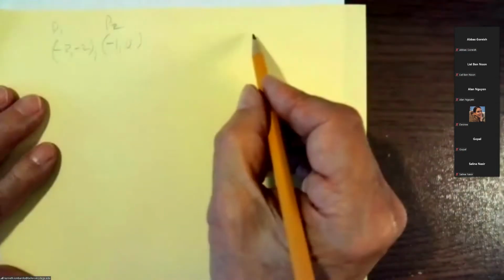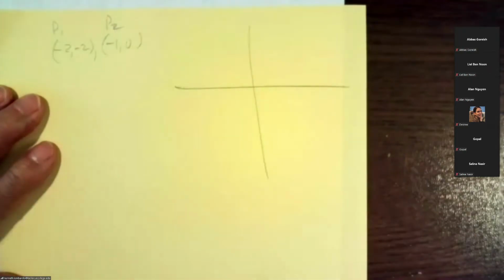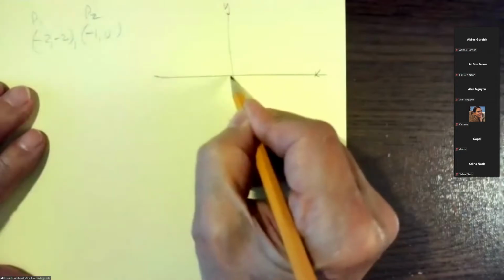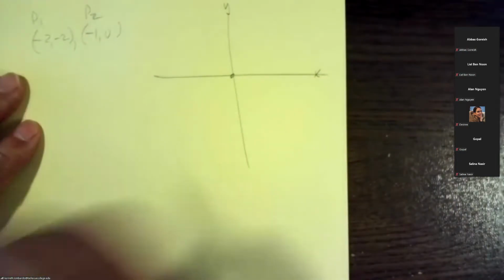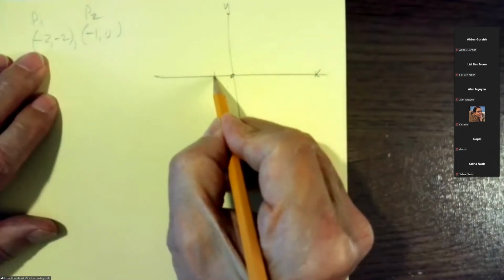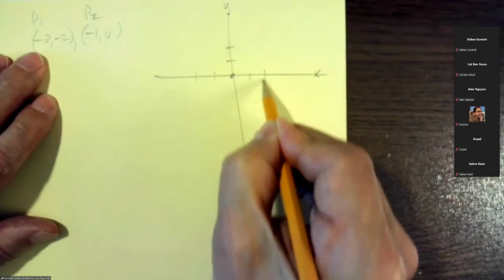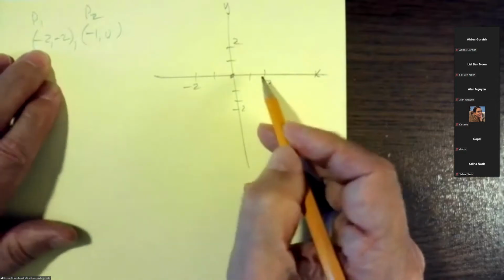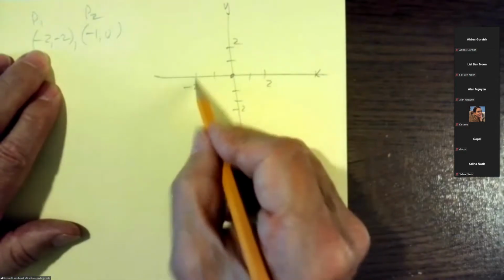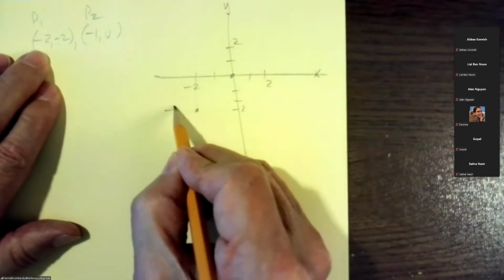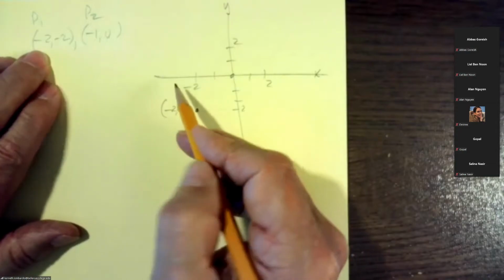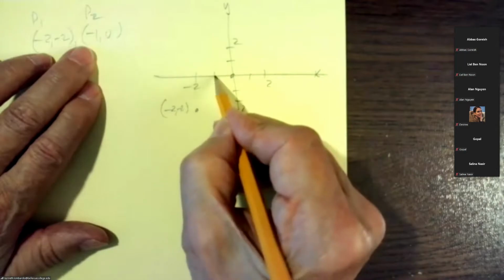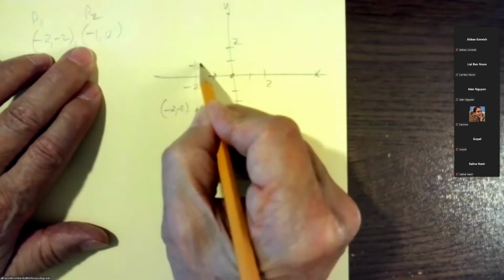If I were to plot that, here's x, and here's y, and here's the origin. So -2, -2, that's going to be down here, isn't it? And then -1 and 0 looks like that's there.